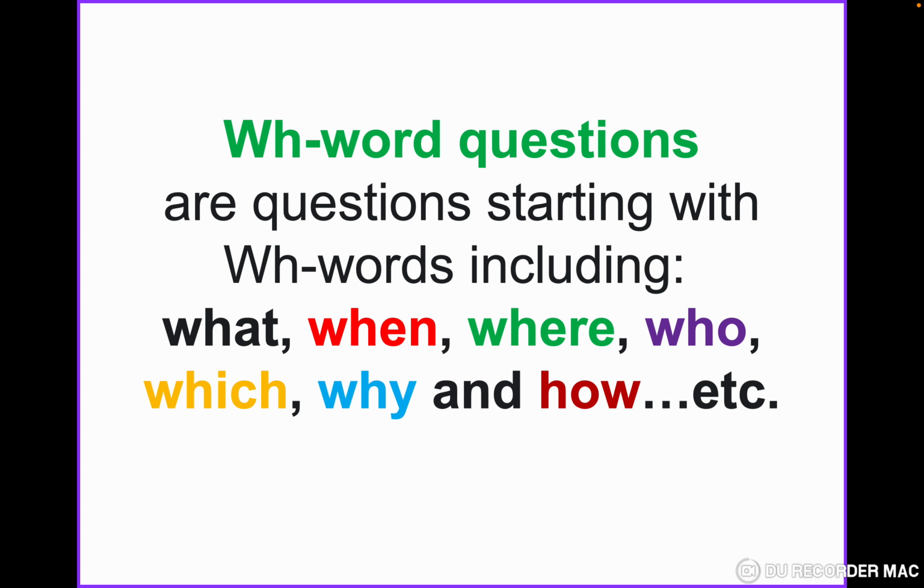We use who when we ask about a person or people. We use which when we ask about a choice to make, to choose between two things. We use why when we ask about the reason, why we did something, and how when we ask about the manner or the method, etc.